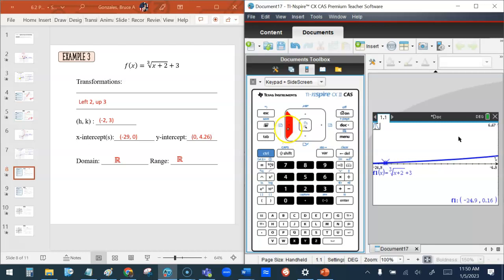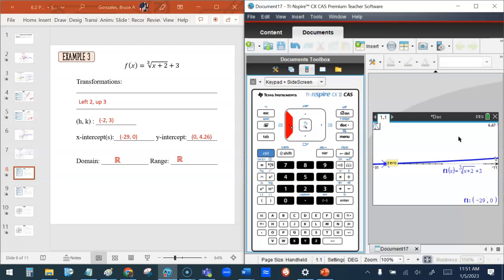Keep trying, and I finally almost get there. Okay, so when I finally get to the word 0, I know I have the x-intercept, which is -29, 0.